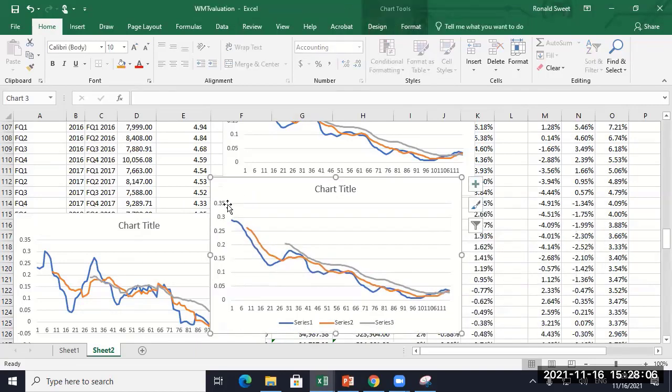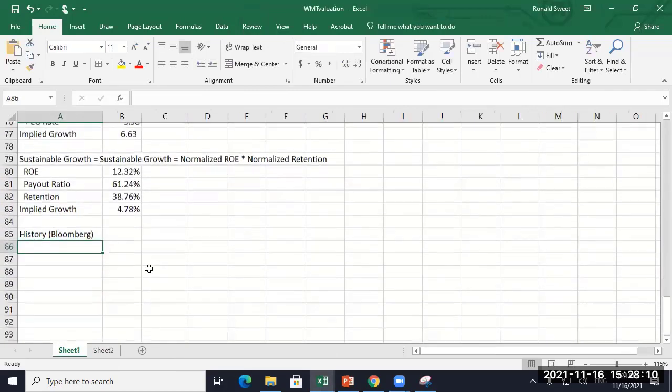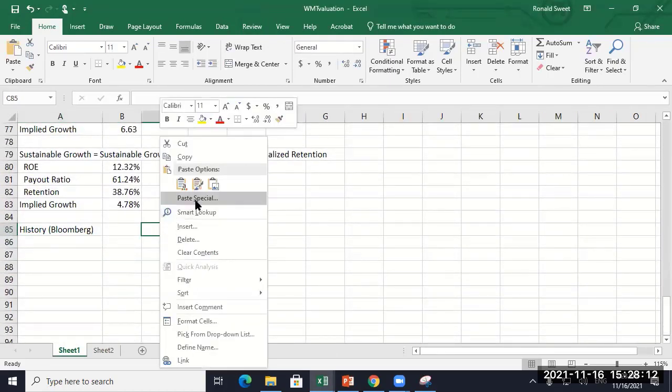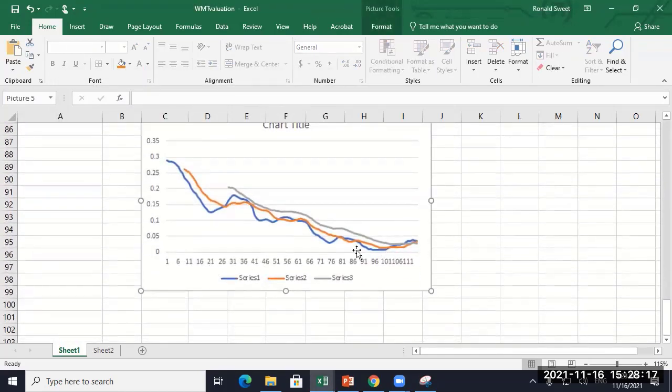I'll just use this one because I'm not really sure what it is. All right, that's over time. This first one is the 3-year growth rate, the last 3 years. This is the last 5. This is rolling 5 years. This is 10 years. There's 5%.